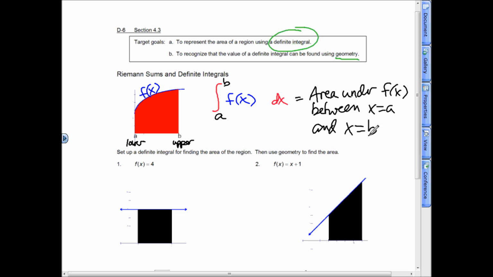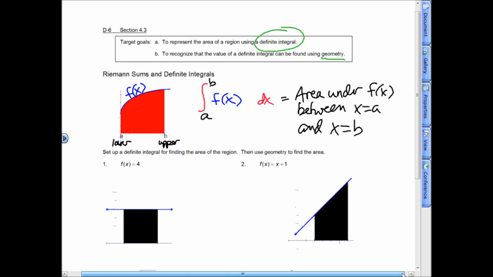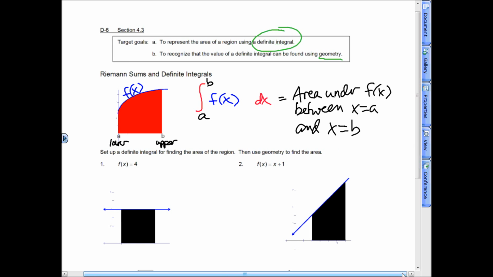I should make a little note here about this area under f of x: it has got to be above the x-axis, or basically between f of x and the x-axis. When we're talking about area, we're dealing with the region down to the x-axis.